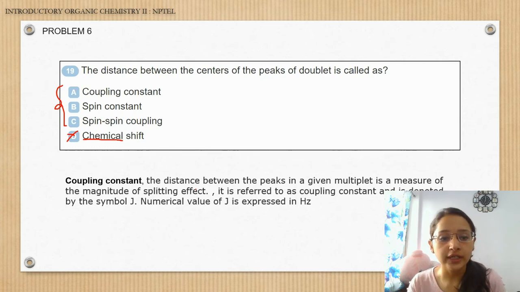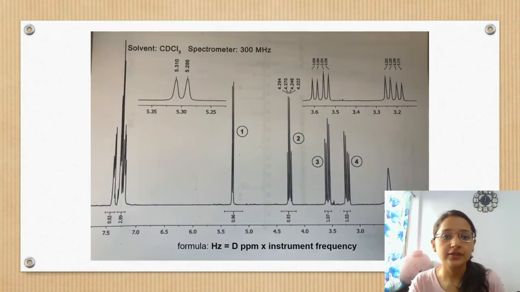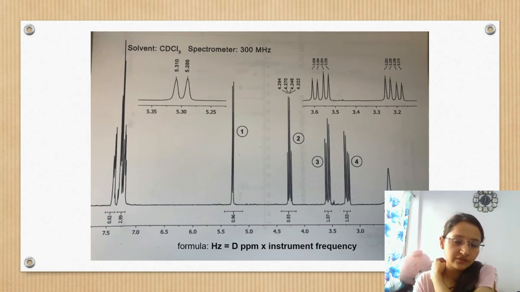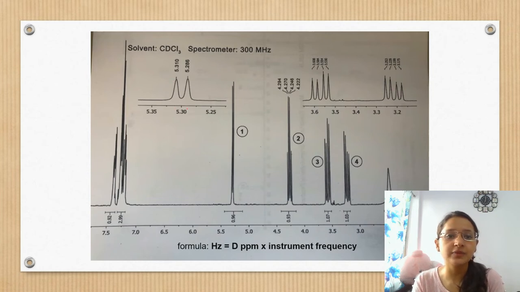The coupling constant is referred to by the symbol J and is expressed in hertz. If we calculate the difference between these two peaks, 5.310 and 5.286, that is the chemical shift values, the difference is Δppm, which is multiplied by the operating frequency, and we get the value of the coupling constant, which is somewhere around 7 hertz in this particular case.